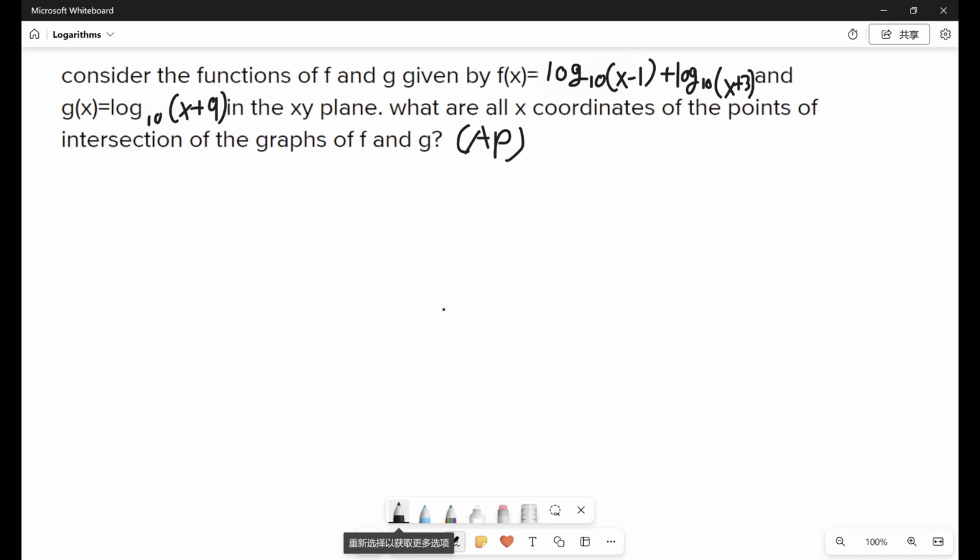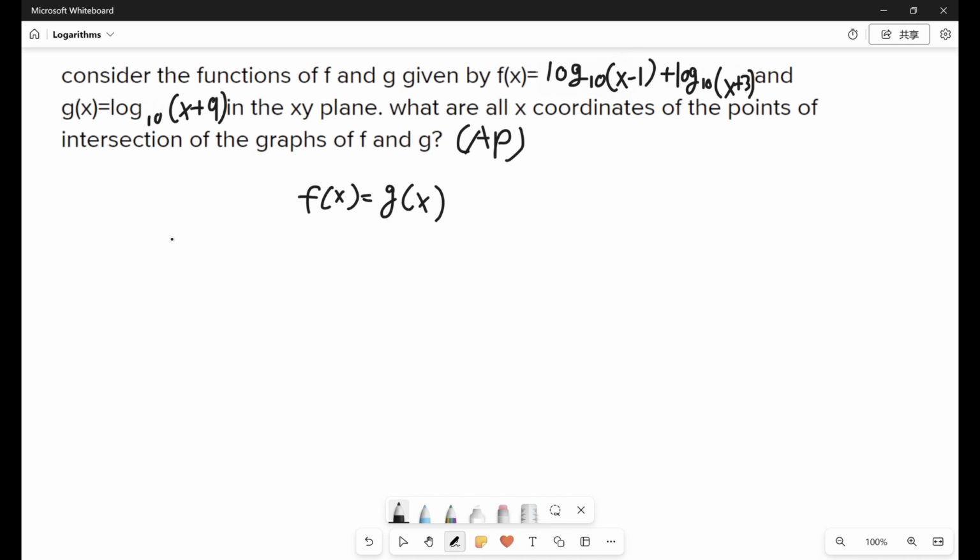Now this problem is challenging in many ways, but nonetheless we'll just get through it. So we want the points of intersection, and specifically the x coordinates. We can set up an equation, which is that f of x equals g of x.